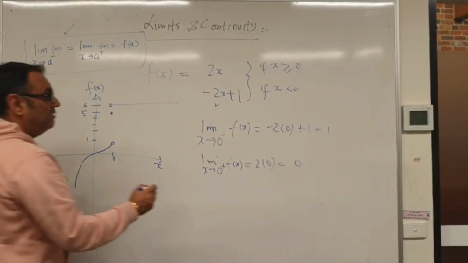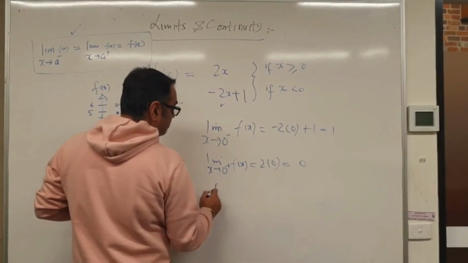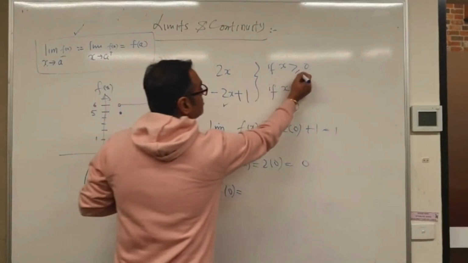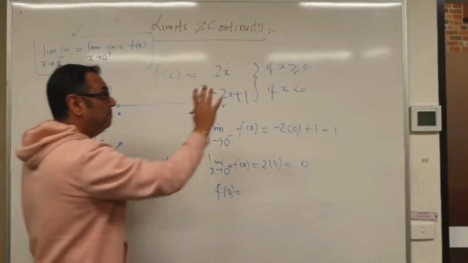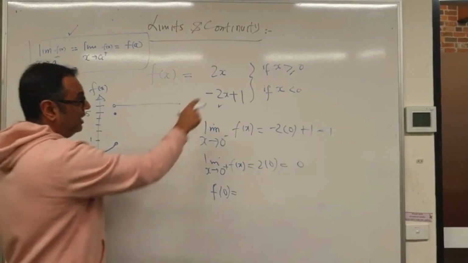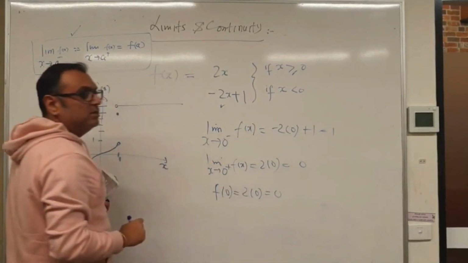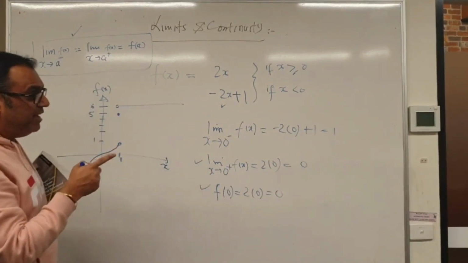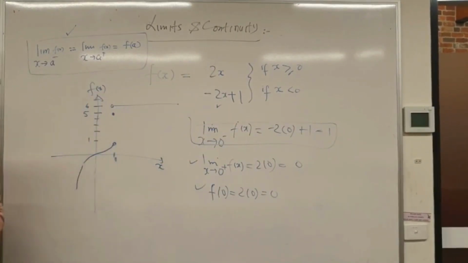But then I will also say what is f of 0. You see, this is an equal sign. He's not giving you a third condition, he's just plugged the two conditions into one. So again, it's 2x, which is 2 times 0 is 0. So the right limit and the value at that point are the same. The problematic one was the left limit, which gave you a different answer.